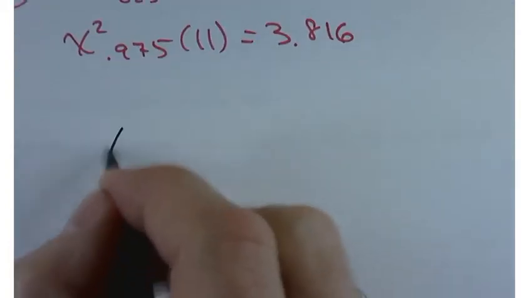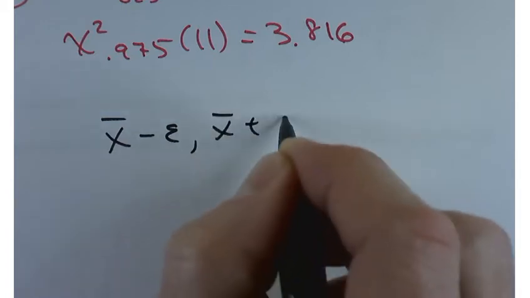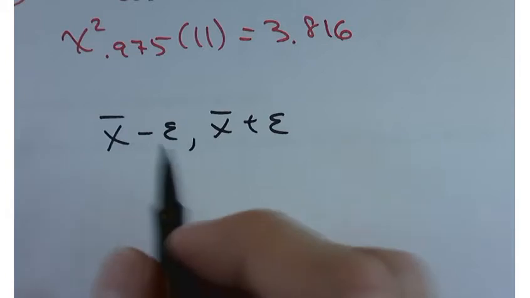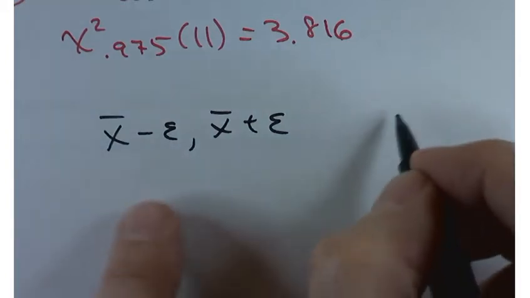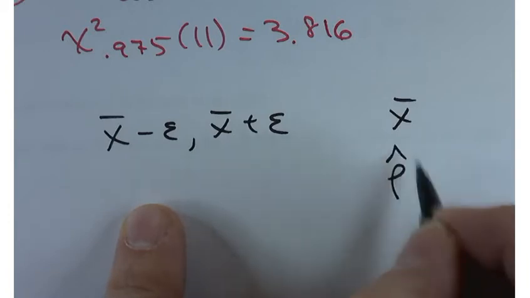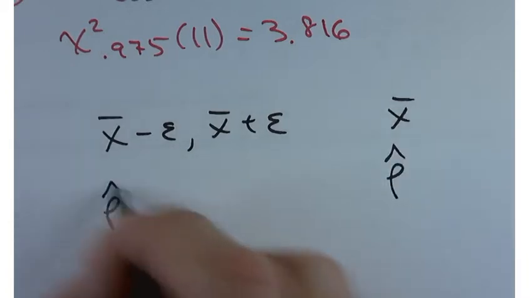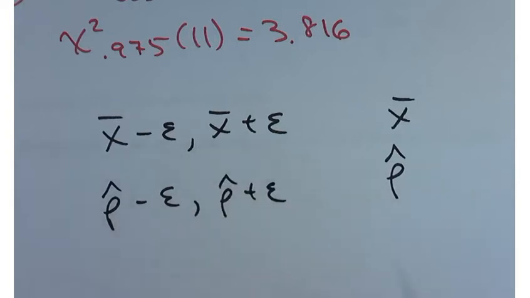It was always x bar minus an error, and x bar plus an error, or p hat minus something, p hat plus something, but they were symmetric. You had your point estimate, which was your x bar or your p hat. Those were your point estimates, surrounded by a little wiggle room, a little room for error. But that's not true of our chi-square distribution.